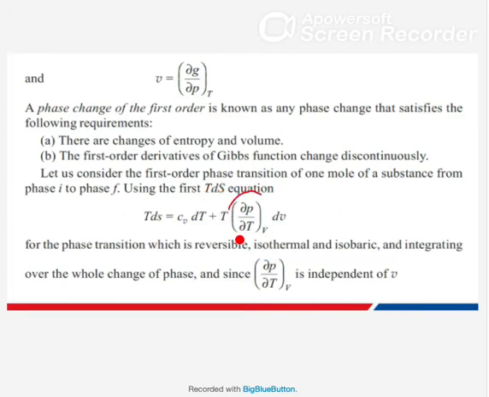Now this particular term is independent of volume because we are considering it at constant volume, dou P by dou T at constant volume. So after putting dT equals 0, we get TdS equals this particular term.